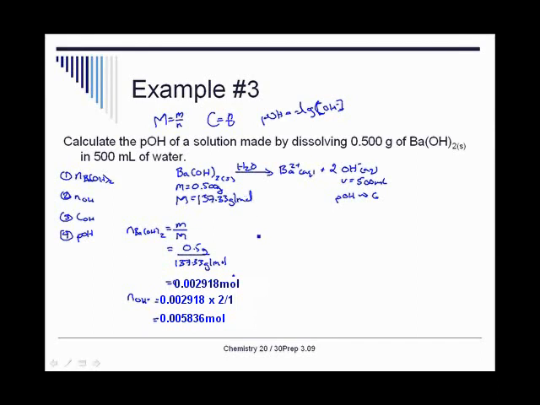And now we can find our concentration. It doesn't matter which way you write it. We can say the concentration of hydroxide ions is equal to n over V, n being 0.00728 moles divided by 0.5 liters.